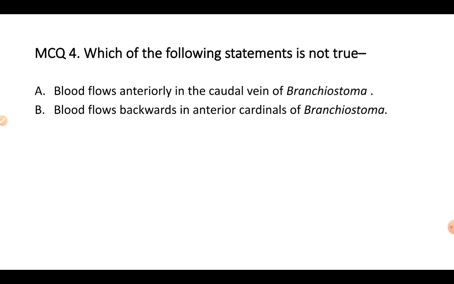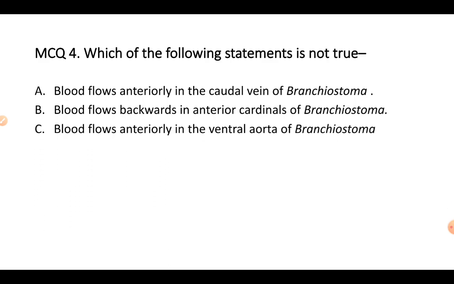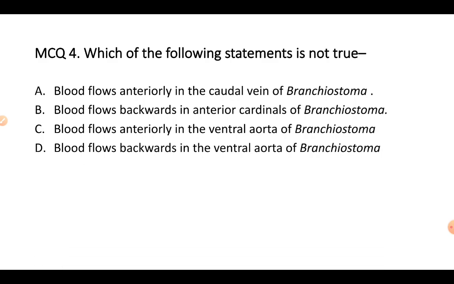Blood flows backwards in anterior cardinals of branchiostoma. Blood flows anteriorly in ventral aorta of branchiostoma. And blood flows backwards in the ventral aorta of branchiostoma. What is the right one?